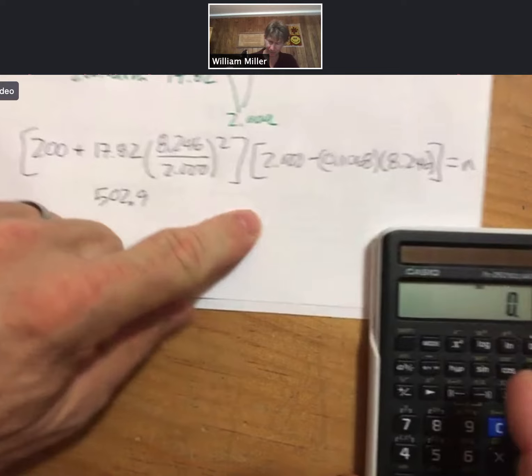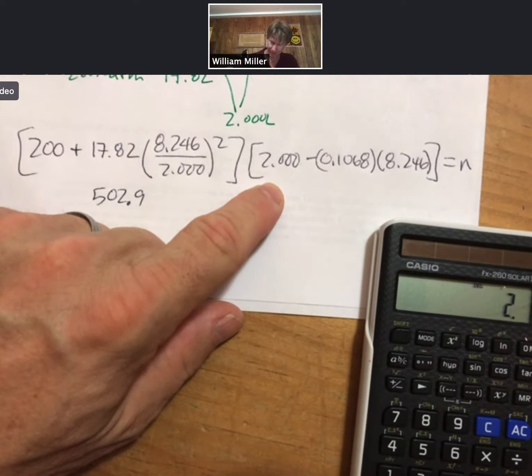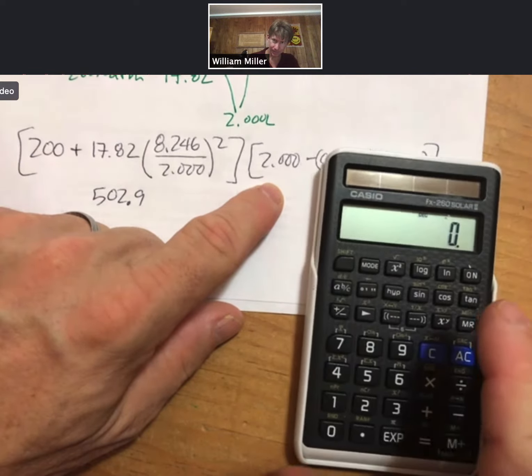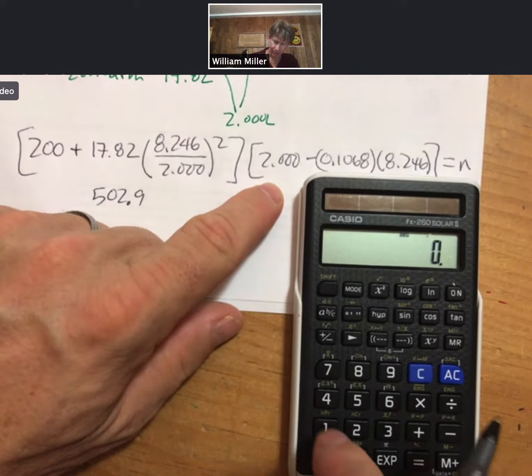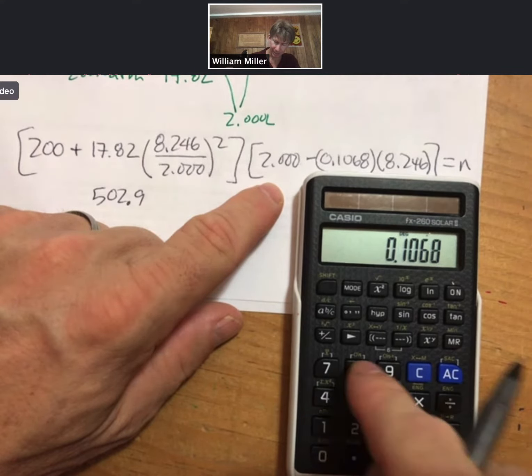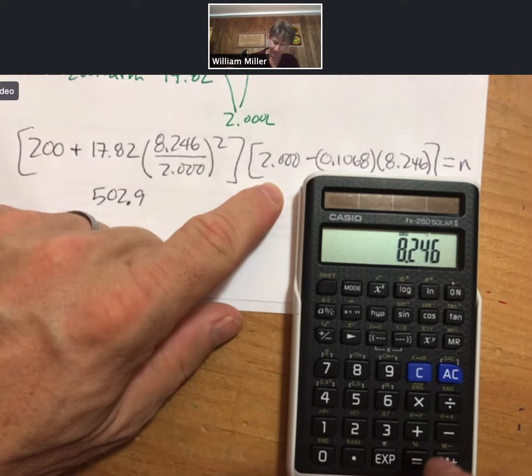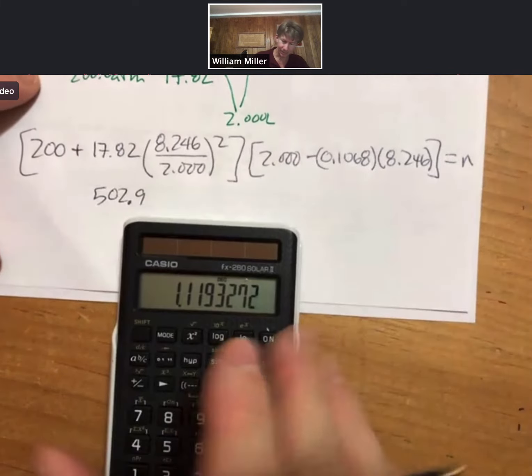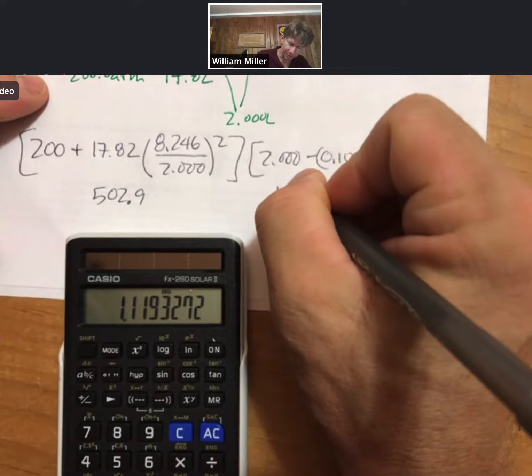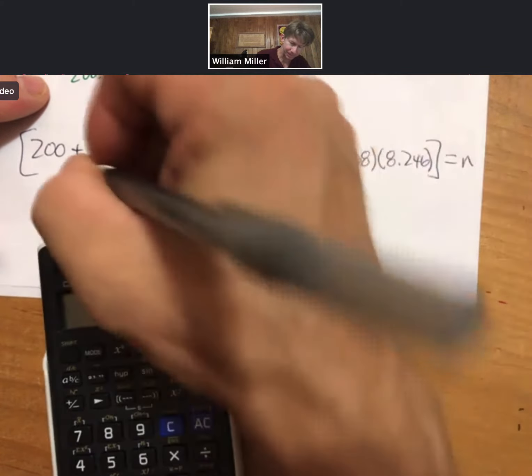Times 2 minus 0.1068 times 8.246, I get 1.119.